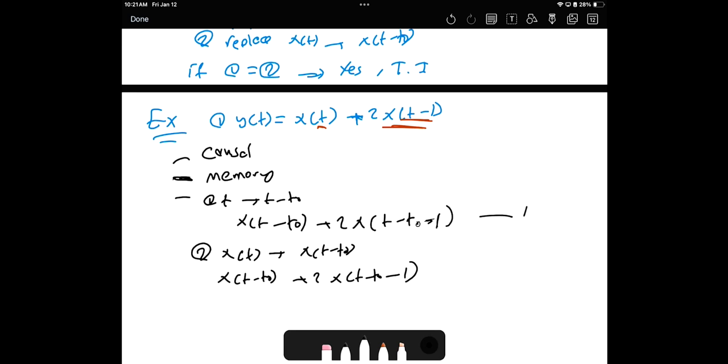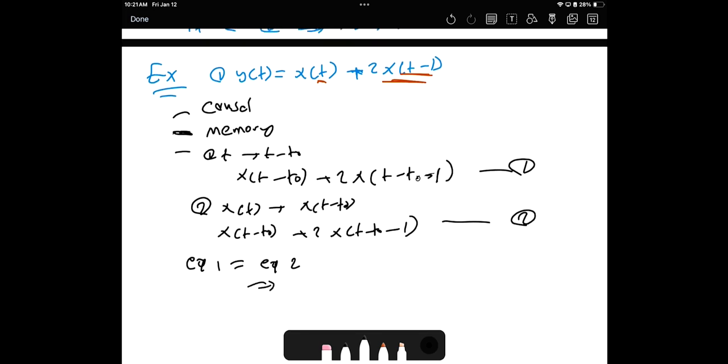By looking at equation 1 and equation 2, they are equal to each other. Therefore, it is time invariant. In the first step, I replaced every t by t minus t0. In the second step, I replaced every x by x of t minus t0. Does this make sense?